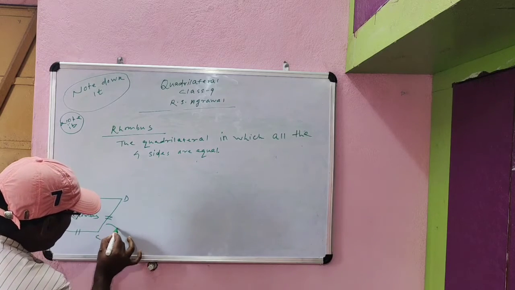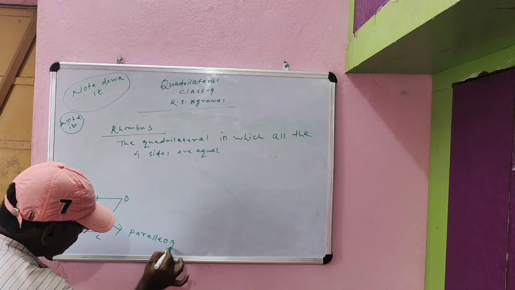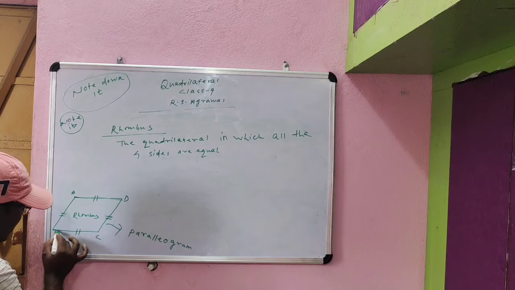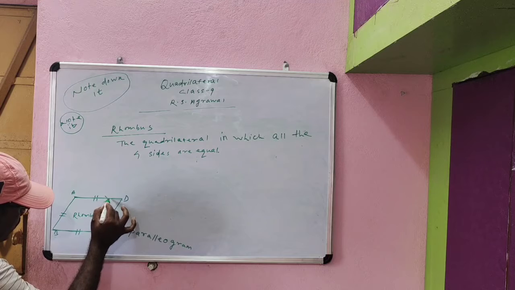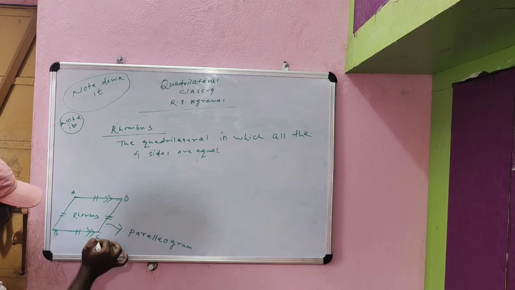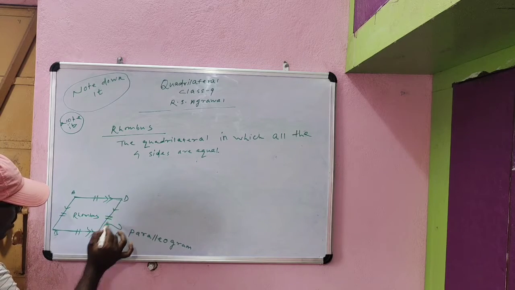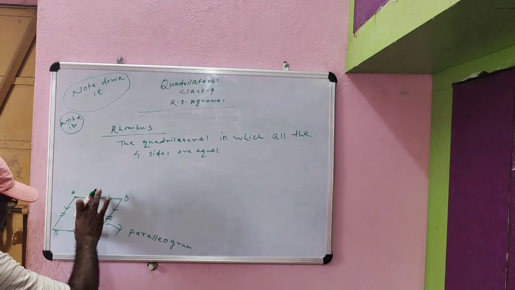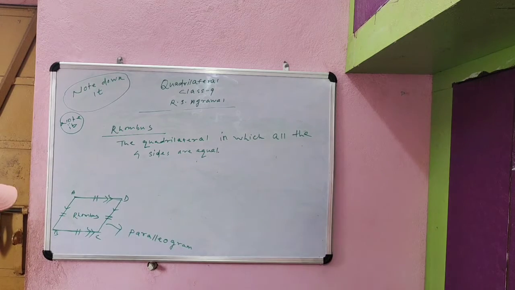It is also a parallelogram. Why? Because AD and BC, this pair of opposite sides, is parallel, and AB and DC, this pair of opposite sides, is also parallel. It means the two pairs of opposite sides are parallel.